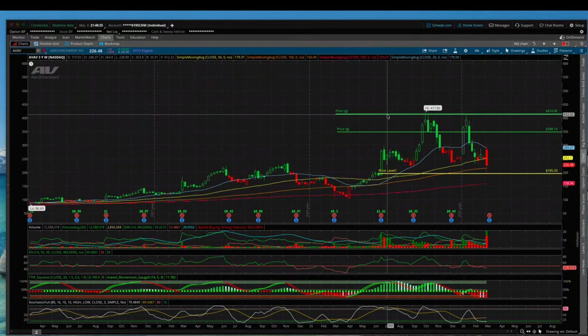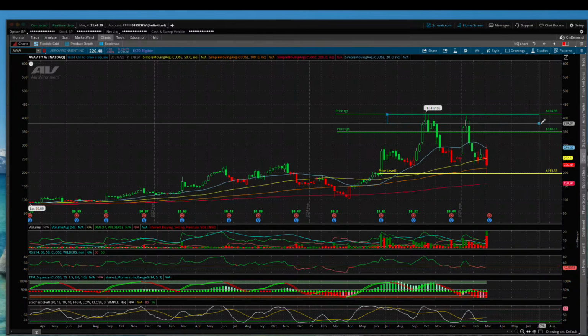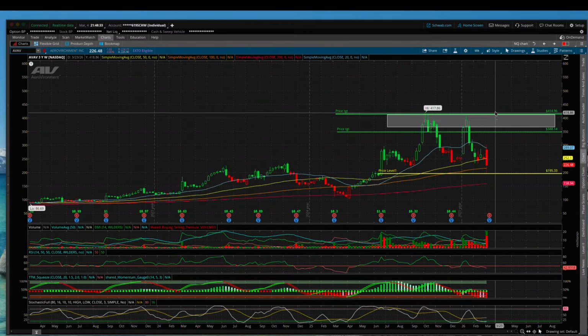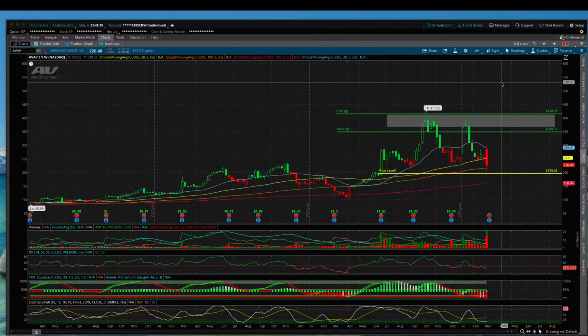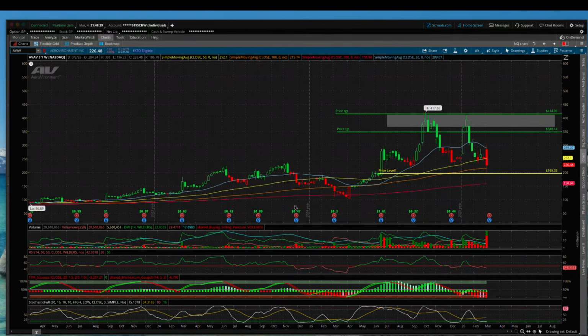So I would say any time you're in the zone to sell, if you get past that zone, you can buy. Anything in the zone is a sell. It's a sell zone right there. So grab that. It's a sell zone.